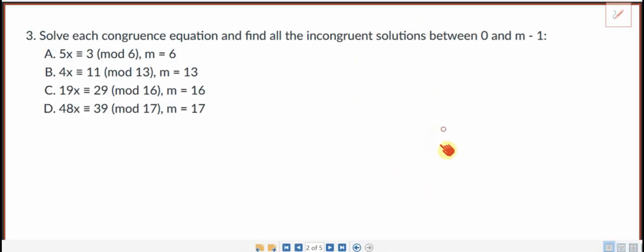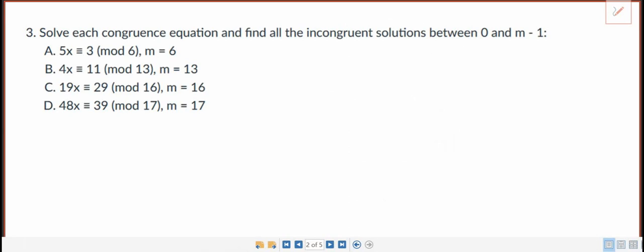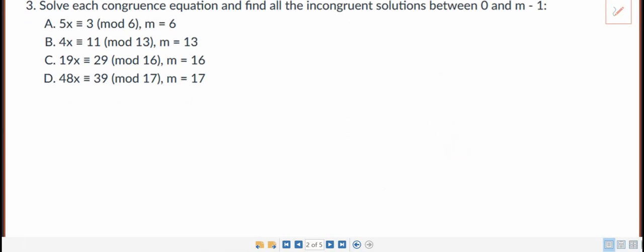All right, so let's look at some of these other ones. And it wants us to find all of them. So I'm just going to look at A. Let's just look at A. So 5x is congruent to 3 mod 6.